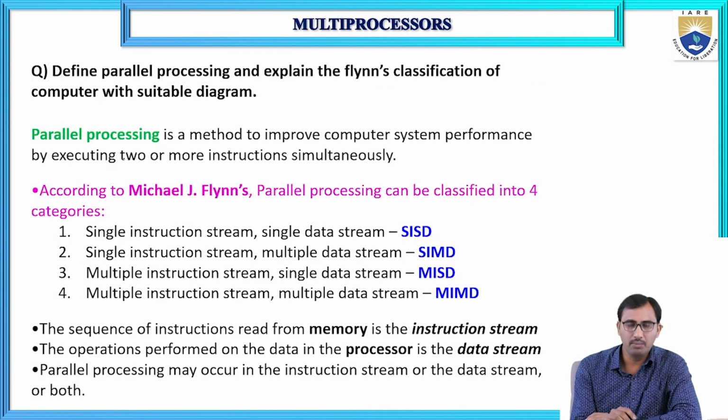Parallel processing is a method to improve computer system performance by executing two or more instructions simultaneously.